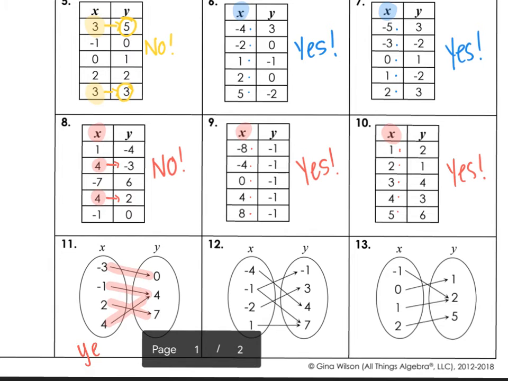So for number 11, this is a function. If I look at 12, we have a line from -4 to 4, but we have 2 lines coming from -1. So because there are 2 y values corresponding with the -1, this is not a function.